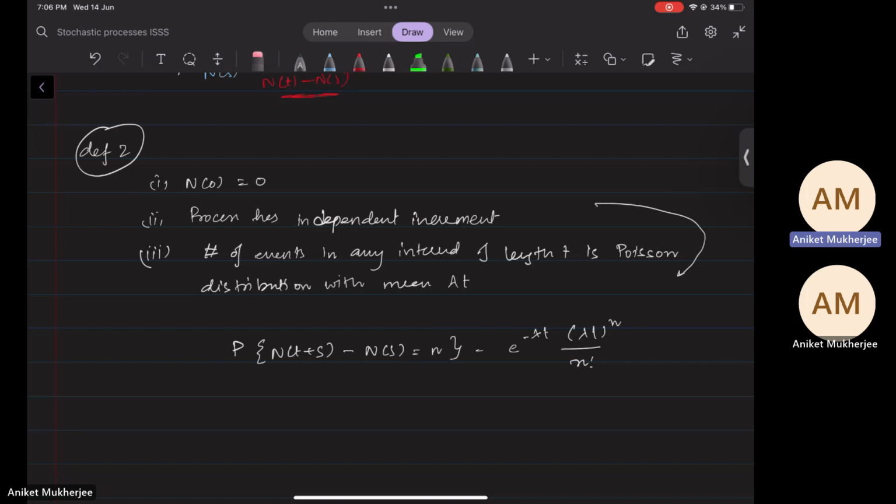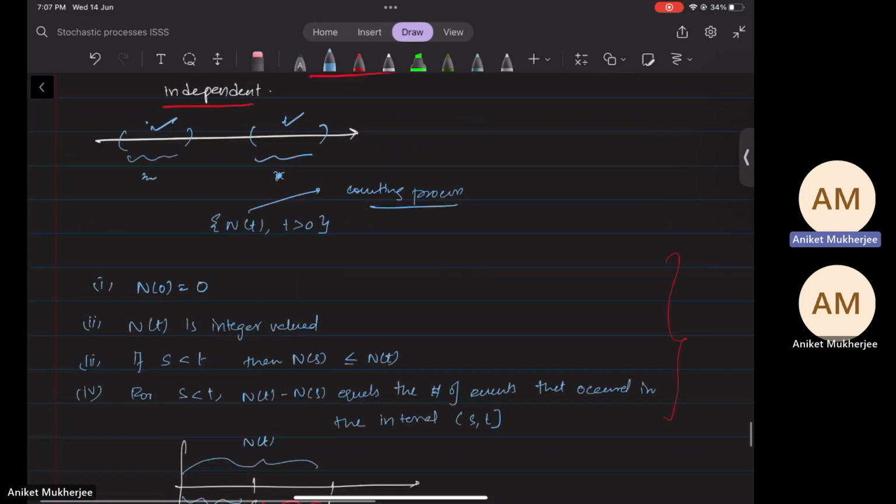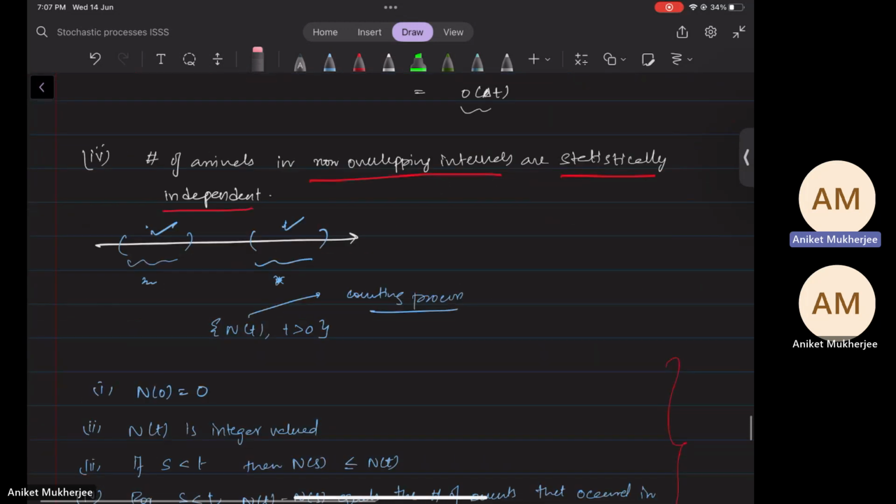What I'm saying is you are calculating it for the interval s to t plus s, so basically you're moving a distance of t. From the independent increment and the previous property, it is sufficient to show that from 0 to t you have this Poisson distribution, then you're done. So what we need to show is that definition 1 and definition 2 are equivalent.